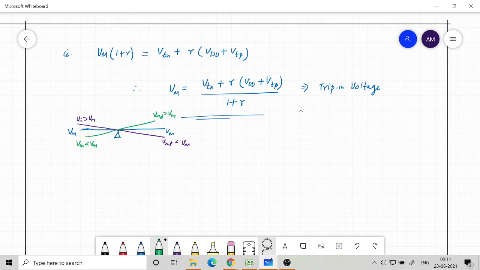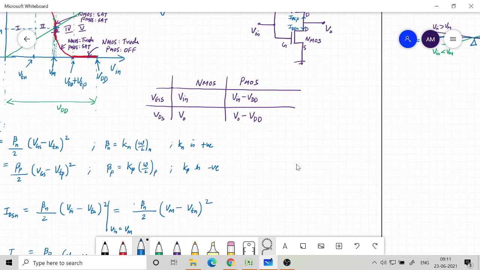So that way you can identify the logic. That tripping point, the middle point, is when input is the same as Vm. Then output is also Vm.